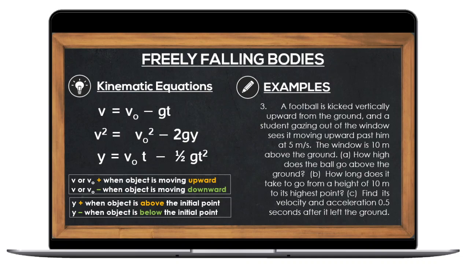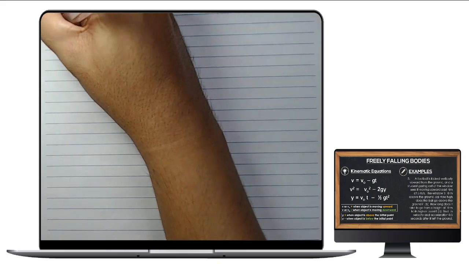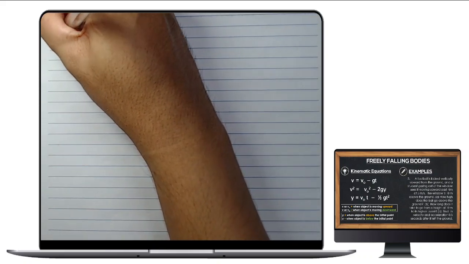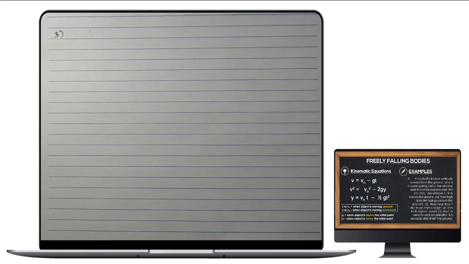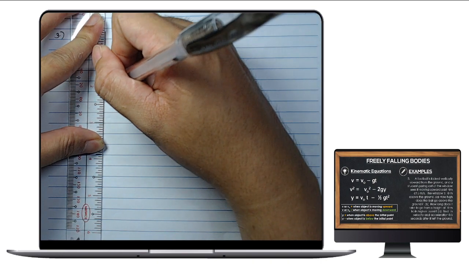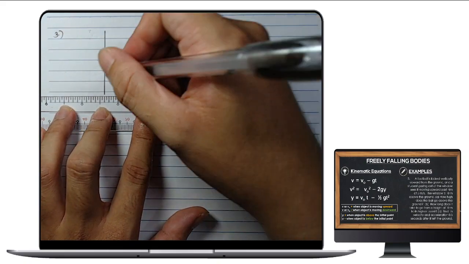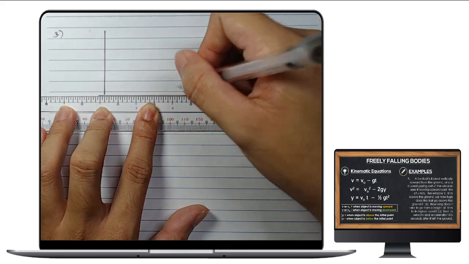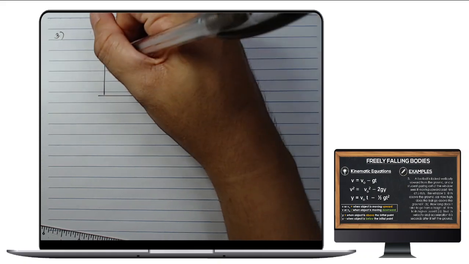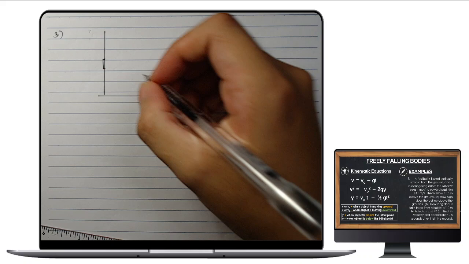Okay, so to start this one, let's draw the figure. So for problem number 3. Let's say may building. Ito. And ito yung ating ground. Yan. Then merong window. So a football is kicked vertically upward.